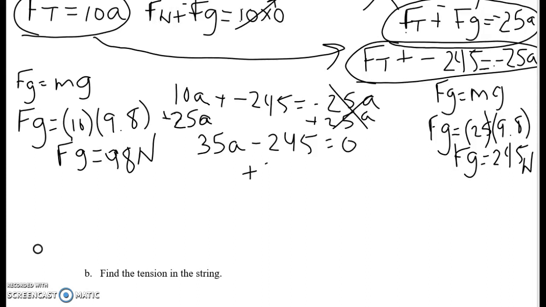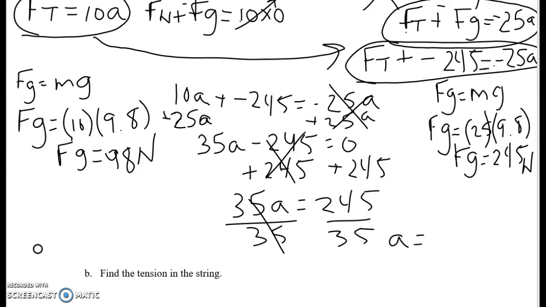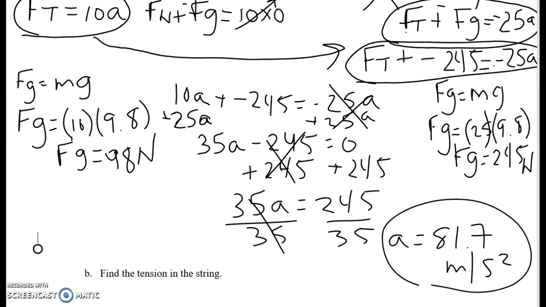So I'm going to add 245 to both sides. 35a equals 245. And then I can divide both sides by 35. So a is equal to 81.7 meters per second squared. So that's the acceleration of my system, 81.7 meters per second squared. And don't worry, that doesn't make any sense, but I made up the numbers.